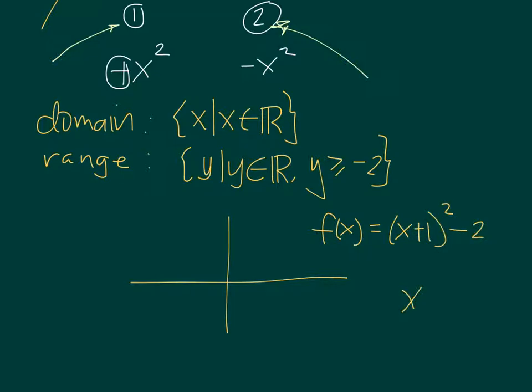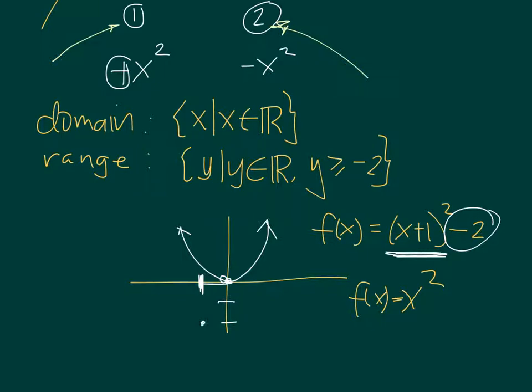It came from f of x equals x squared, a parabola at (0, 0). And then there's a movement. A plus 1 means 1 unit to the left, and then a -2 means 2 units down.